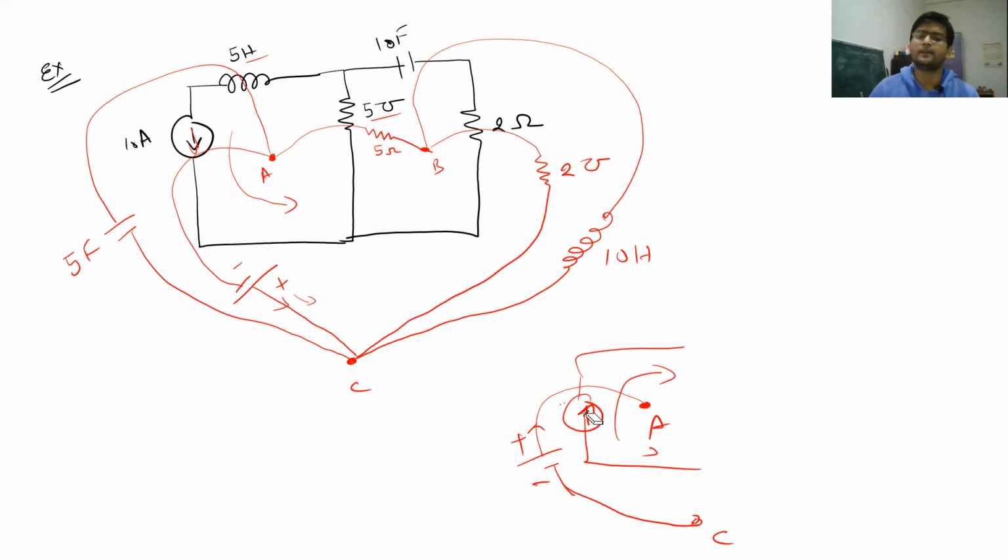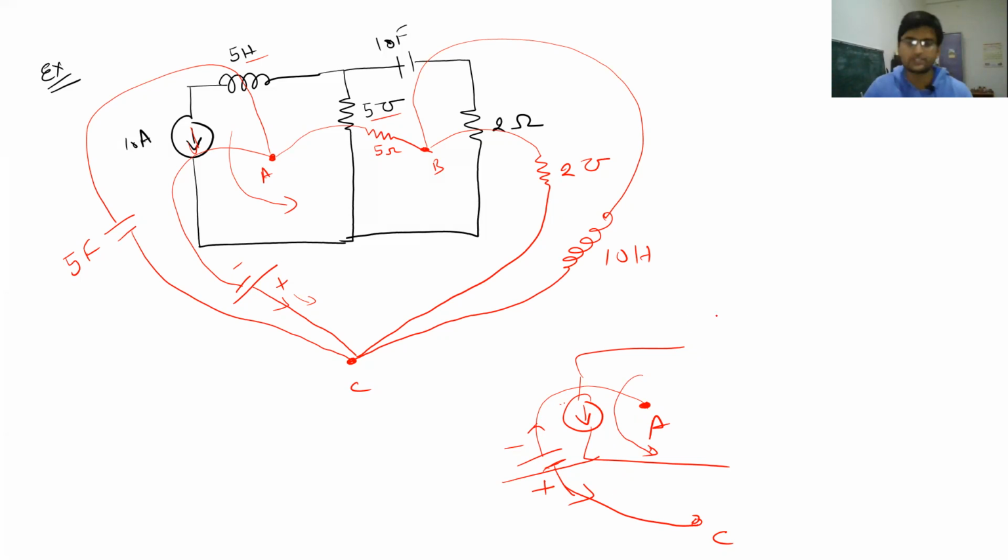And if we talk about the opposite, if the current direction is downward, which means this current source is trying to produce a current in the anti-clockwise direction around A, in that case you will have to take the positive direction downwards for the dual voltage source. So that means this voltage source will try to produce a current towards C or away from the point A.